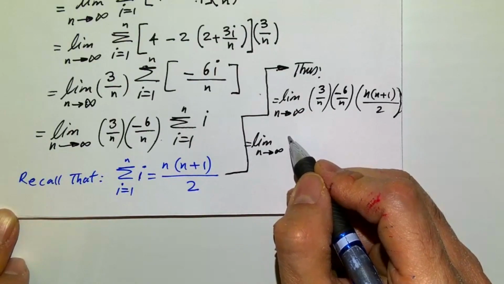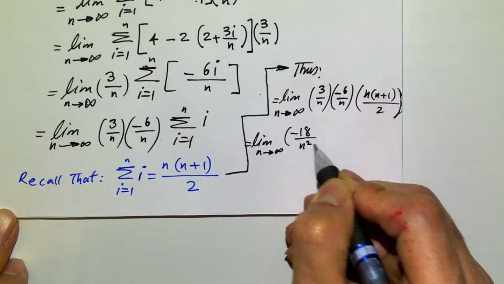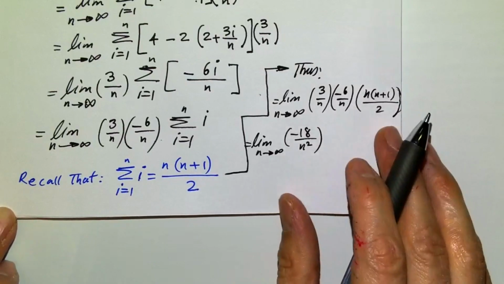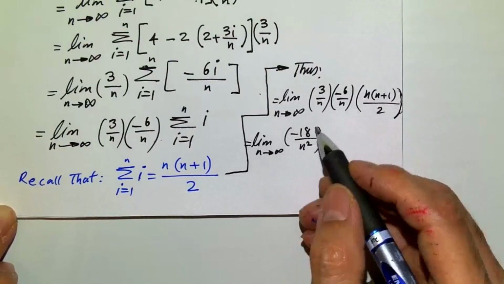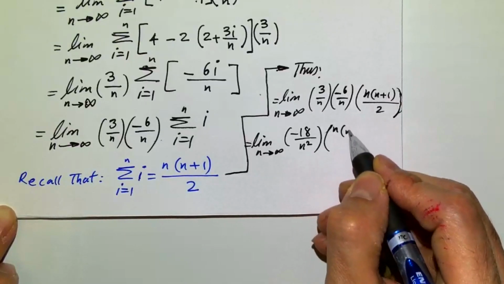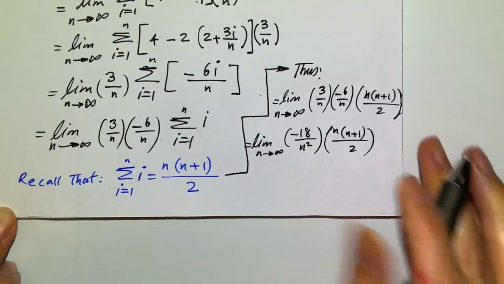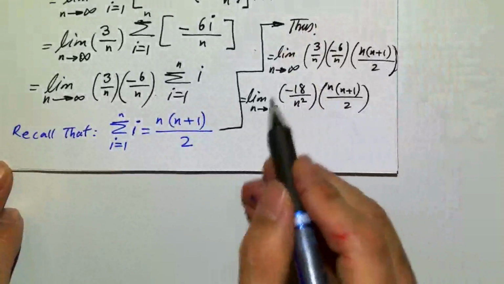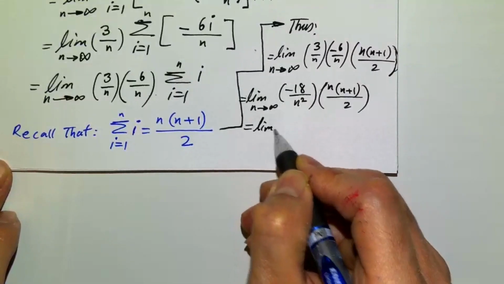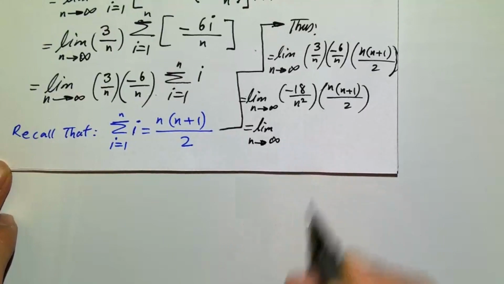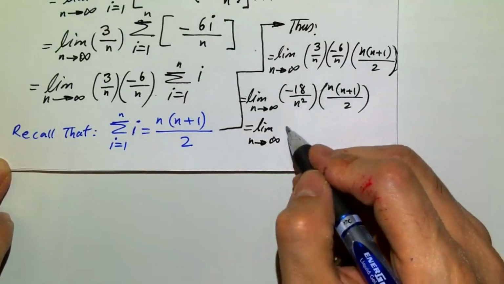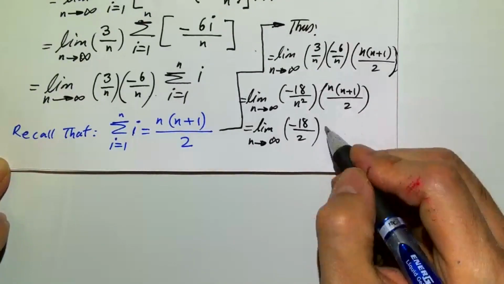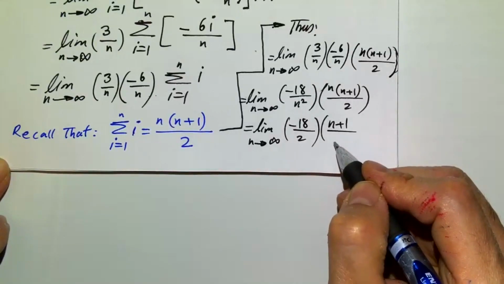So we have minus 18 over n squared times all of that, and then equals, after we simplify all of this, we get minus 18 over 2 times n plus 1 over n.